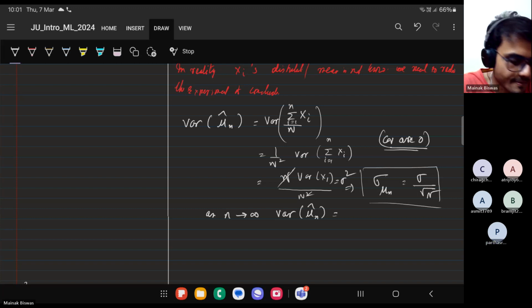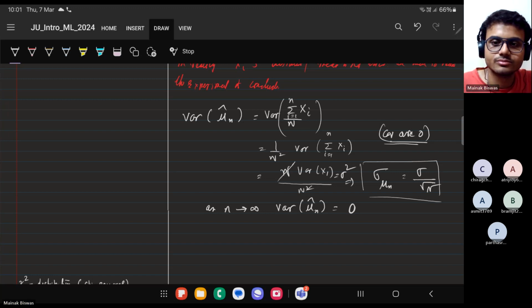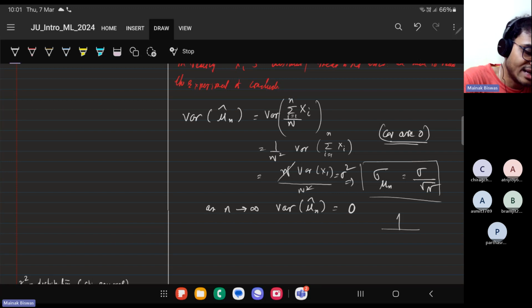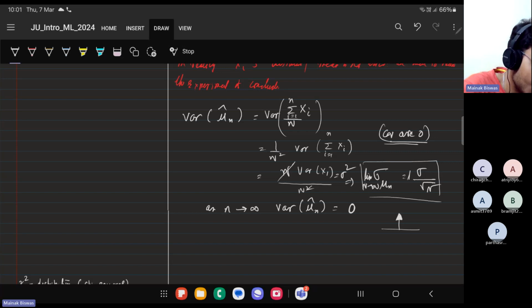Correct. Good. So the idea, what will I do now? The variance of mu n. I have to show as n tends to infinity, do you see the variance goes to 0? Yes or no?